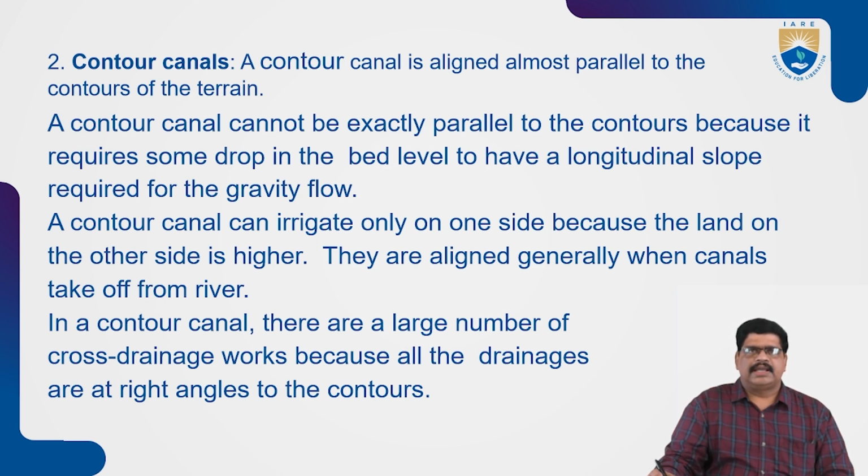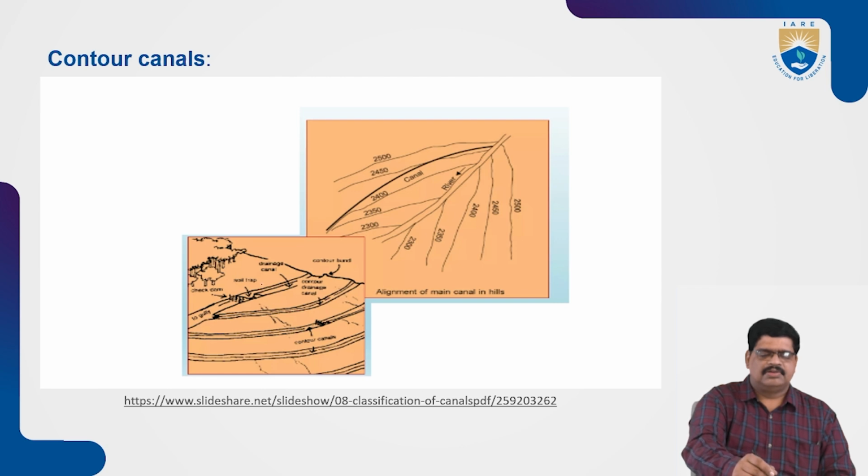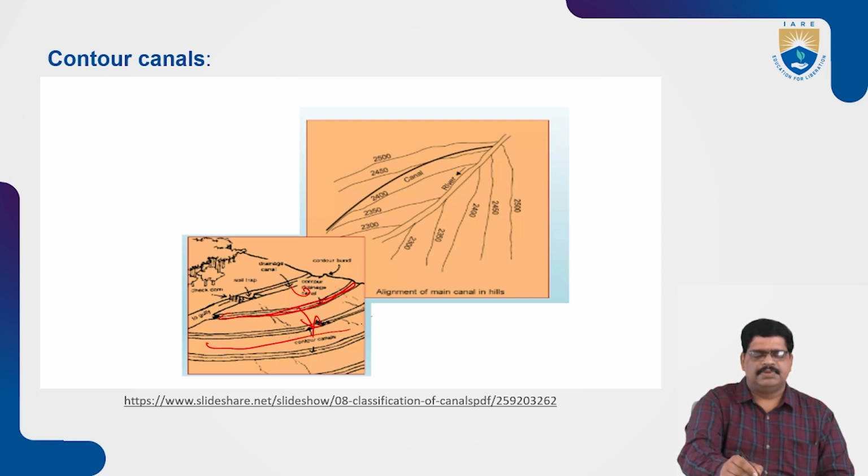A contour canal can irrigate only one side. Why? Because in hilly areas, on one side there is a slope, and another canal is provided, then again another slope and another canal, and like that.